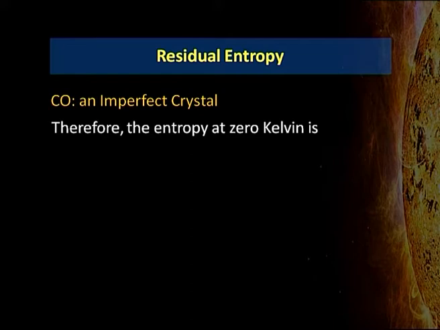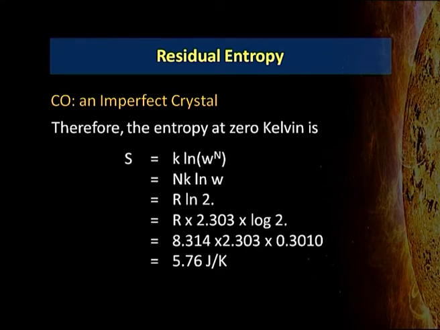Therefore, the entropy at 0 Kelvin is equal to k natural log W to the power n, which is equal to n k natural log W. As k is equal to R upon n, therefore, we have S is equal to R natural log 2, and putting the values of R and natural log 2, we get S, that is entropy, equal to 5.76 joules per Kelvin.